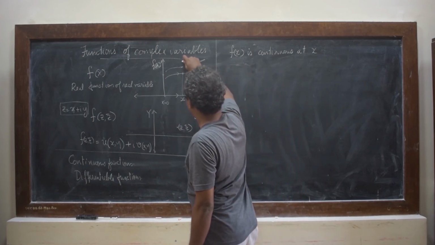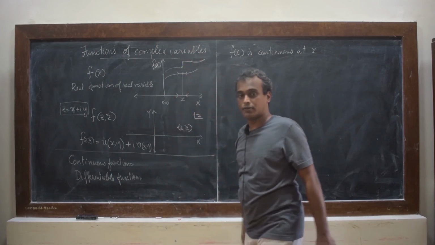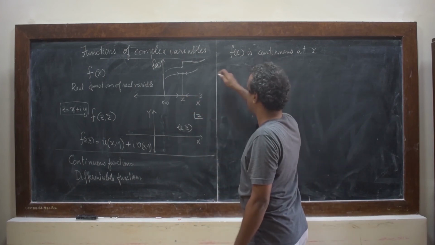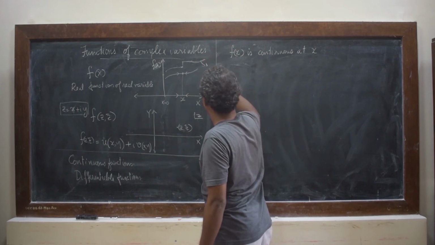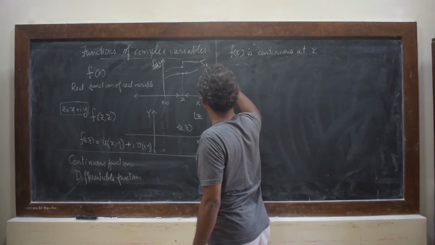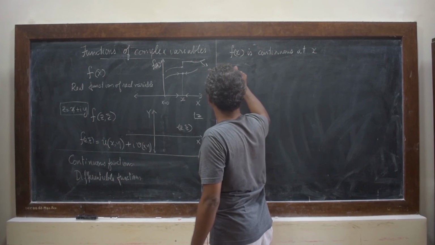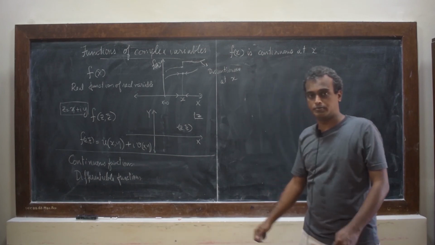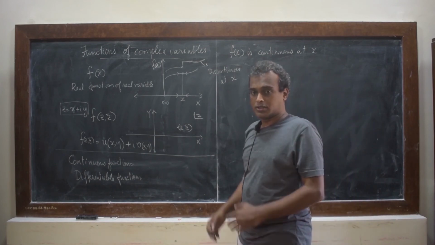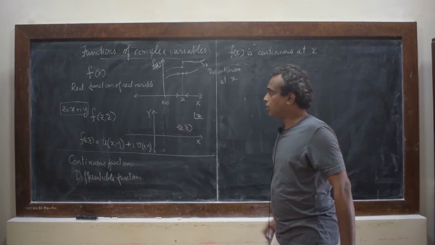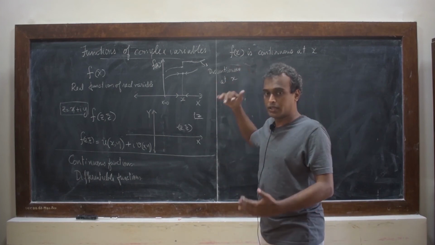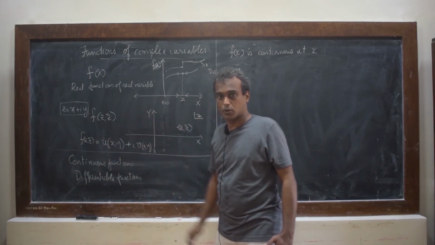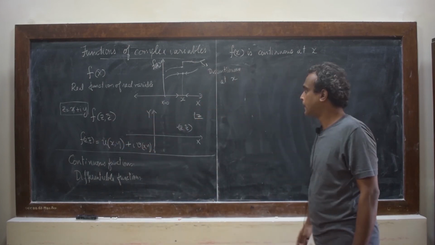And it appears that there is a break in the function at the point x. That is when you say that the function is discontinuous at x. So such an idea of continuity or discontinuity can be taken over to the case of complex functions also. Let us see how this can be done.